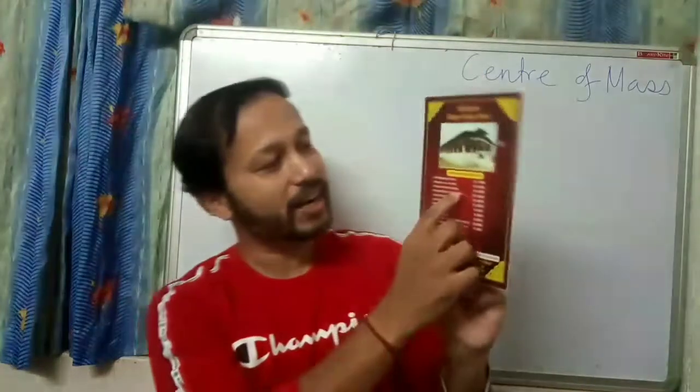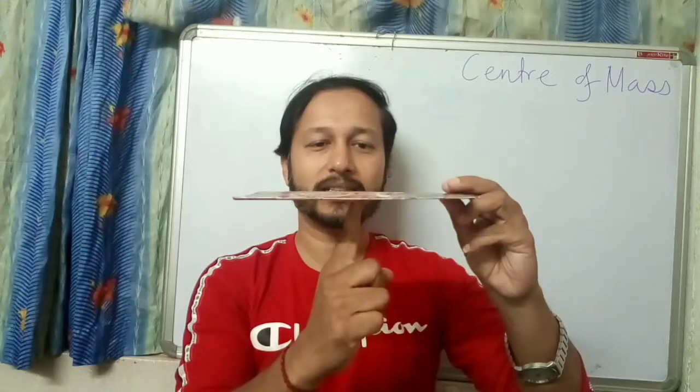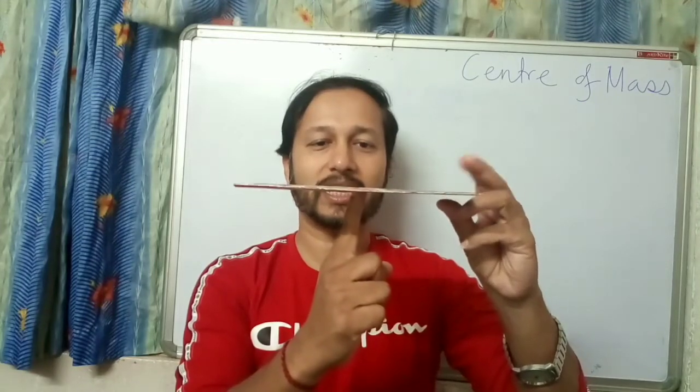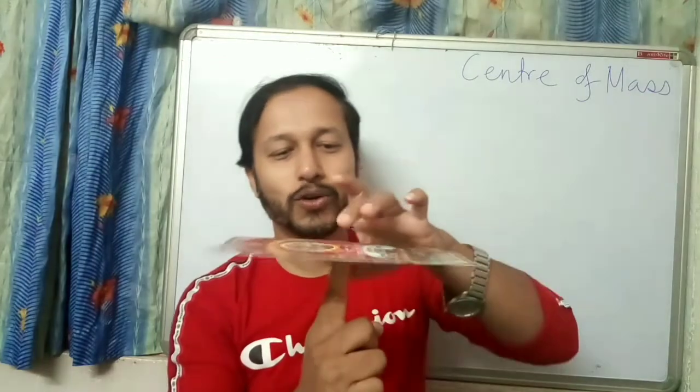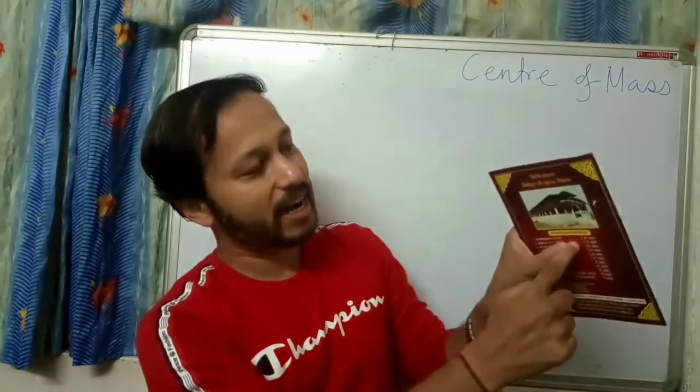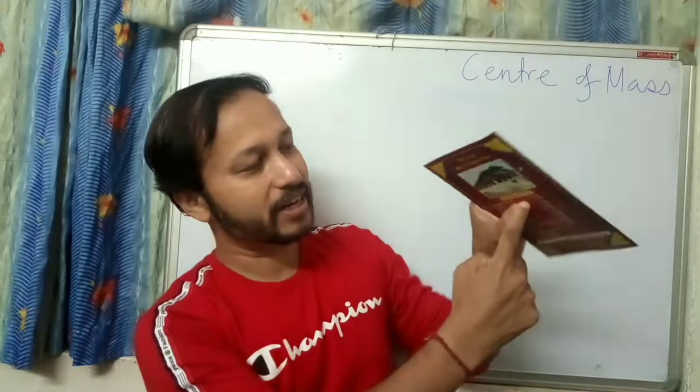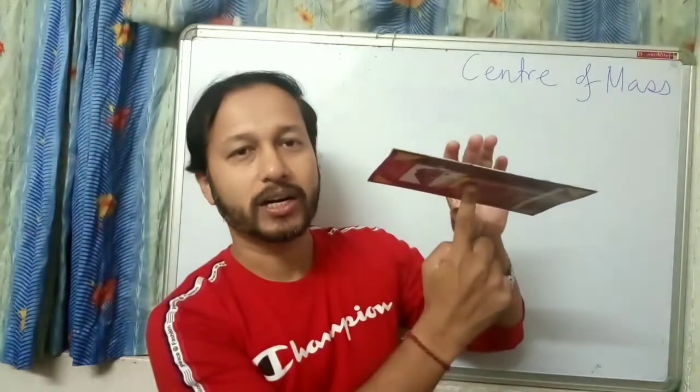Yes, right at the center. So if I keep it here, I can balance the whole card. Somewhere at the center I can keep my finger to balance the whole card. Why?